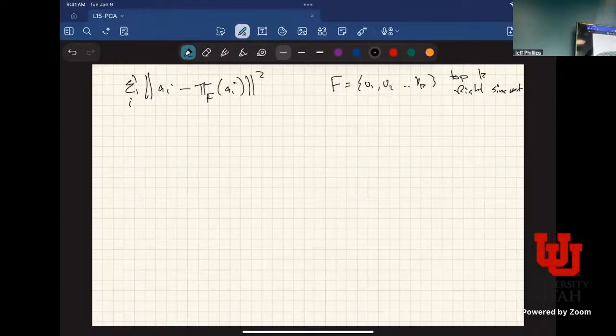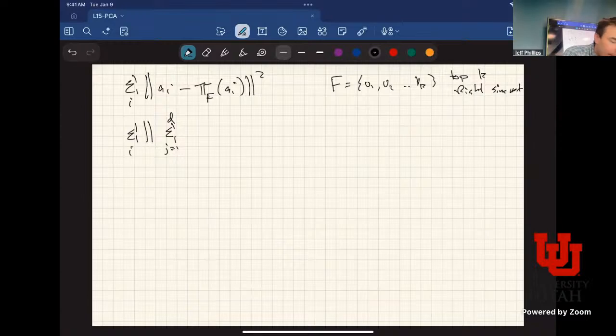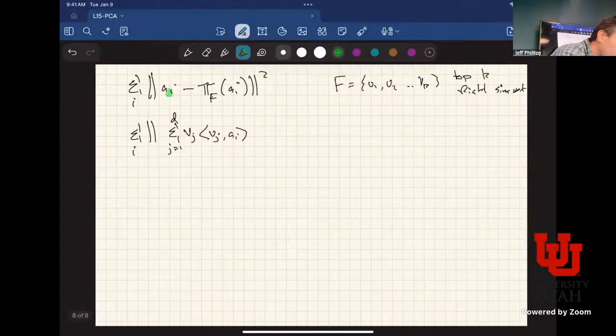So let's try and go through this math here. Okay, so we're going to add up. I'm now going to write a_i in the coordinate frame v_j dot a_i. So a_i, I'm going to rewrite as this.